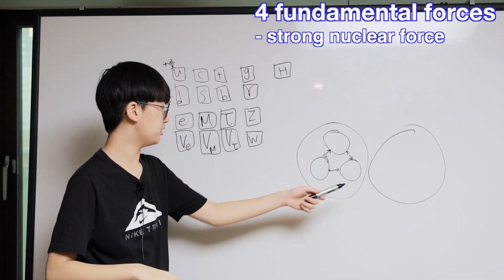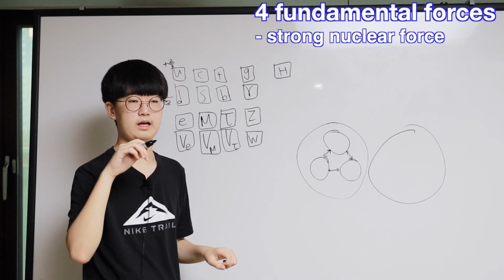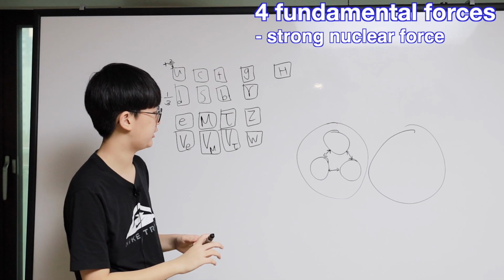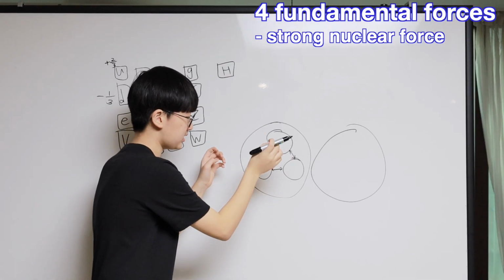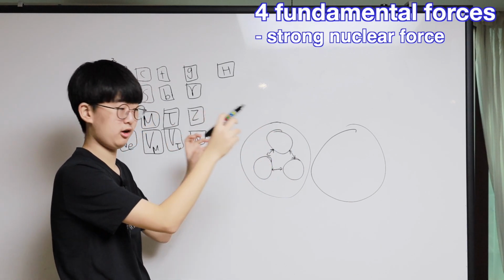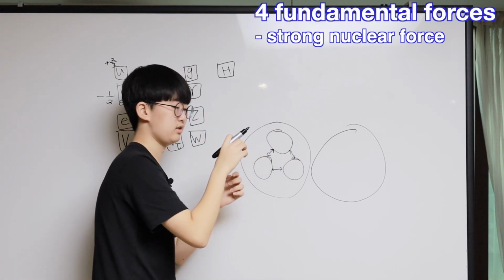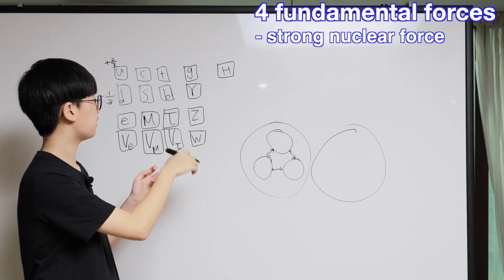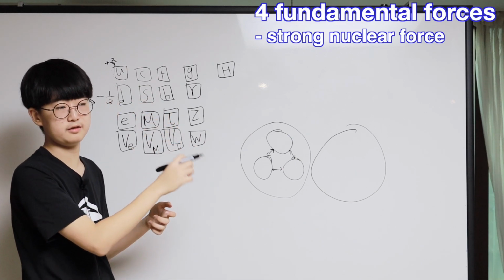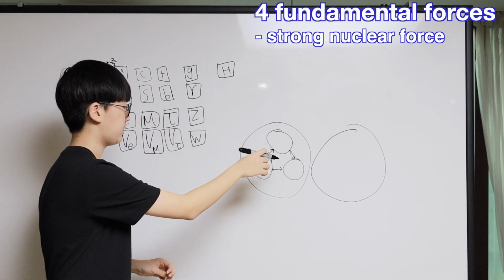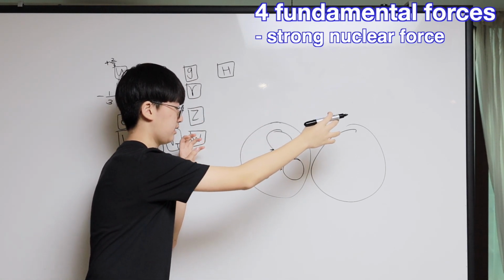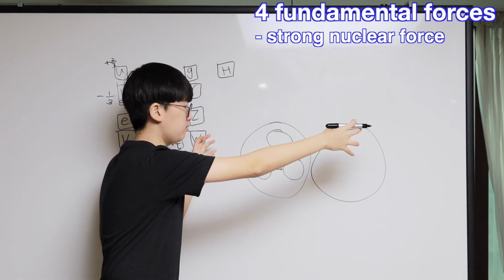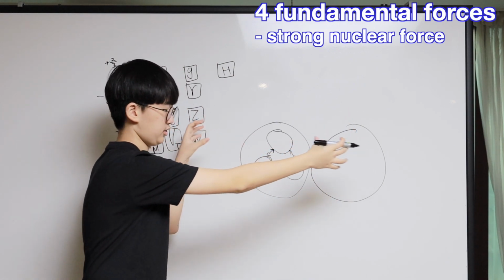This is a nucleus of heavy hydrogen, which has 1 proton and 1 neutron in it. And the distance between these 2 particles is small enough for the strong force to apply. So the strong force applies, and it pushes these 2 particles together.